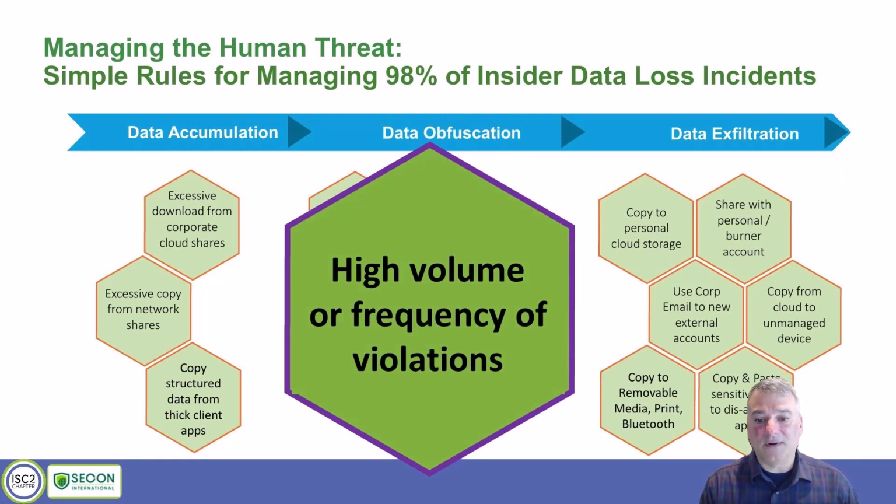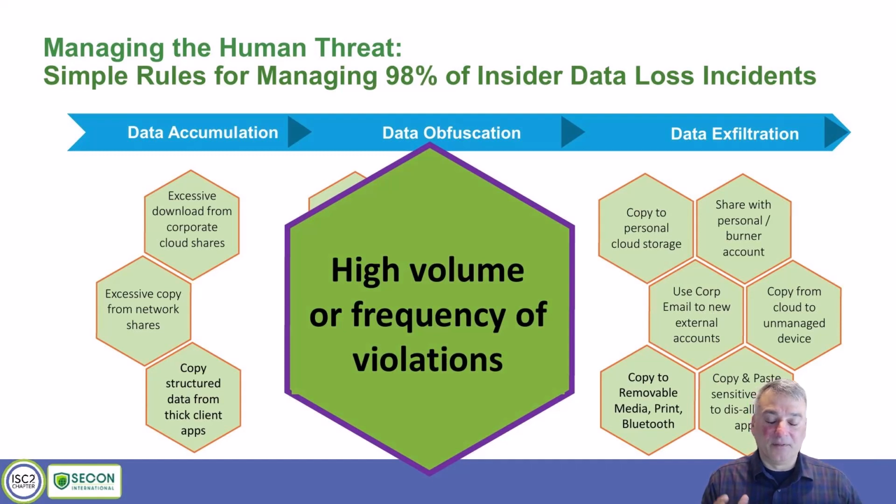But if we classify them all together and start aggregating them, we can see a high volume or frequency of individual violations, which may be indicative of an insider incident. And we found that if we take these smaller incidents or smaller triggers and not ignore them, but put them in a different classification, we find those insider threats very easily.